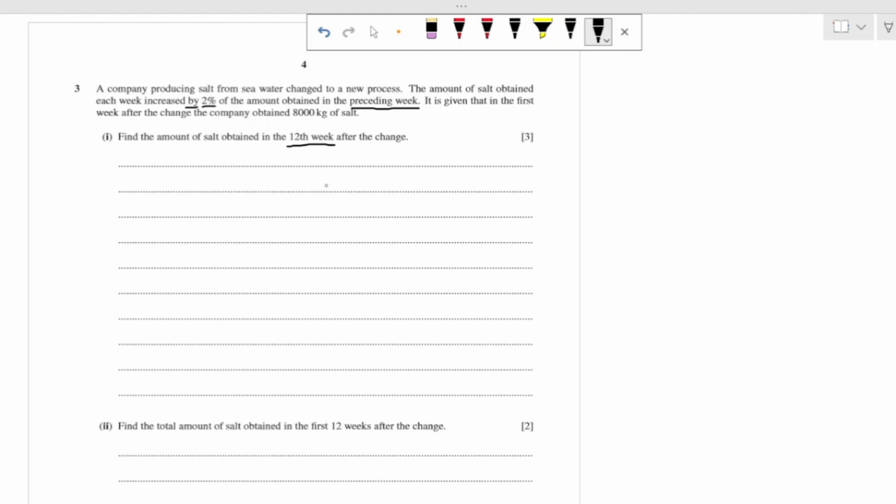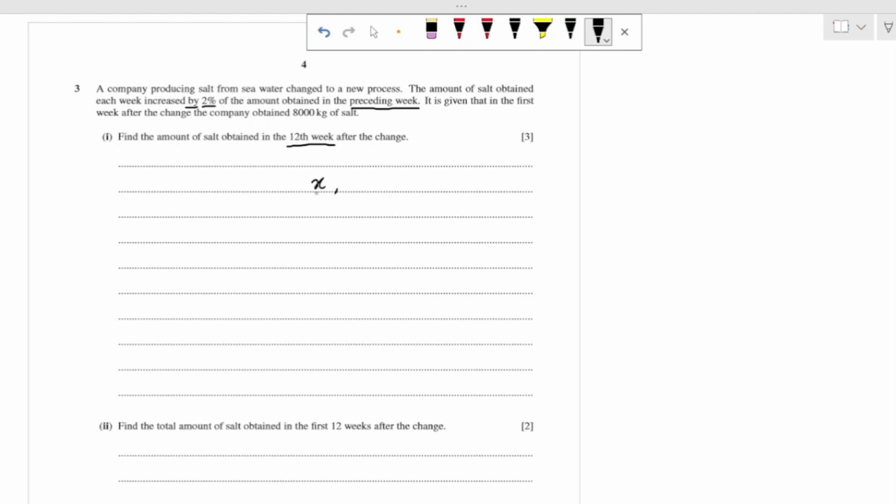We can visualize it in this way. Suppose in the very first week we had some x value of salt. So if we then apply the logic of this statement, they said the amounts of salt obtained each week increased by 2% of the salt amount obtained in the preceding week. So in the first week we got x.